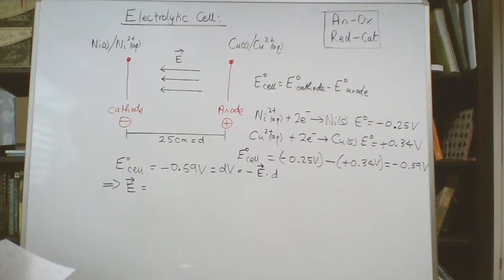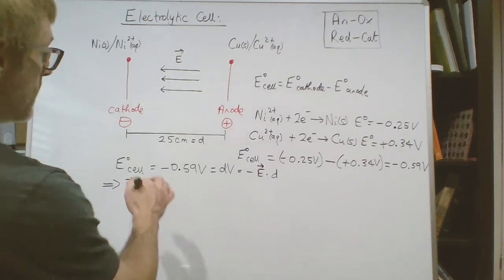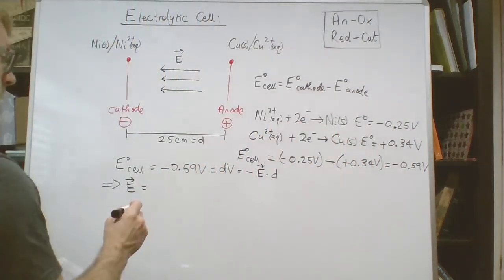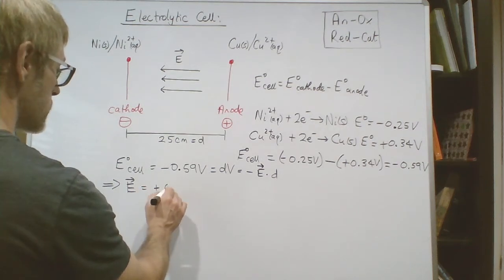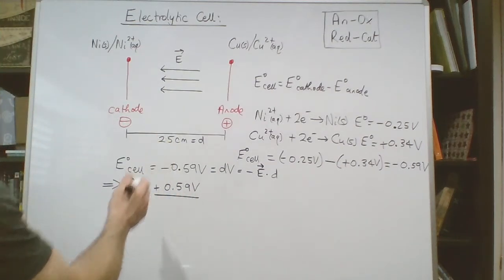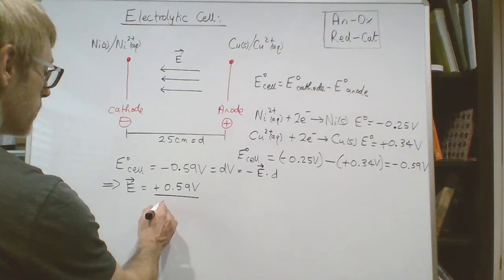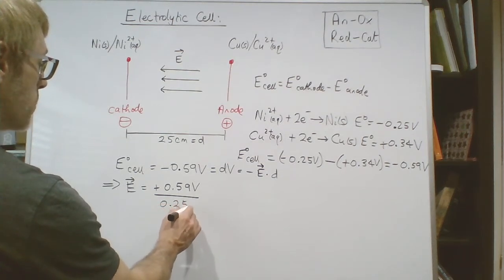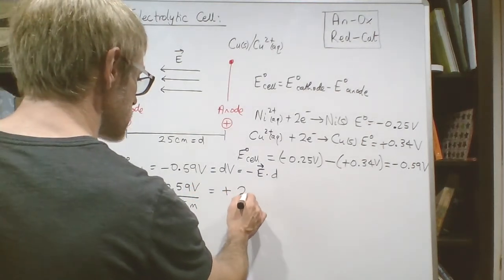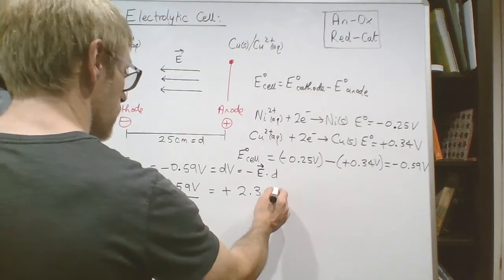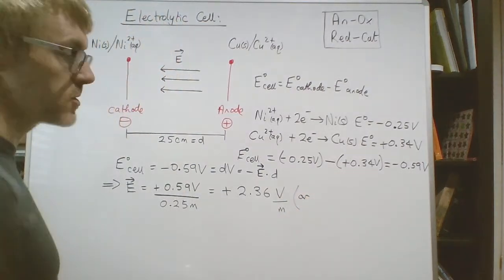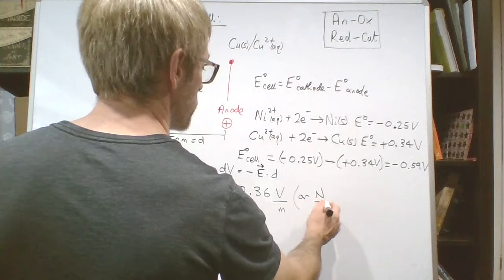So the electric field here is going to be, if we take the negative sign over here to the other side, a positive voltage, so plus 0.59 volts, divided by 25 centimeters in meters, so we divide it by 100, so 0.25 meter, and that's equal to a positive value, 2.36 volts per meter, which is also, in terms of dimensional analysis, equal to Newton per Coulomb.